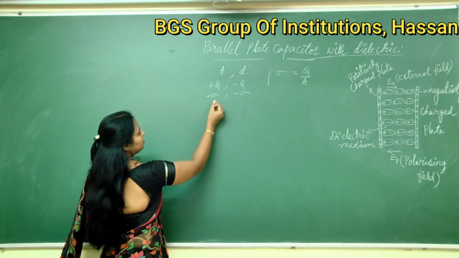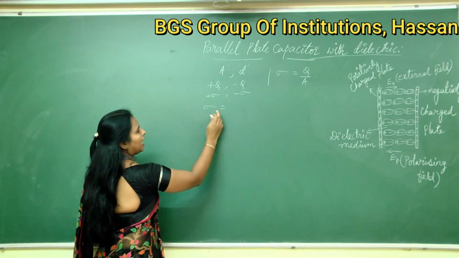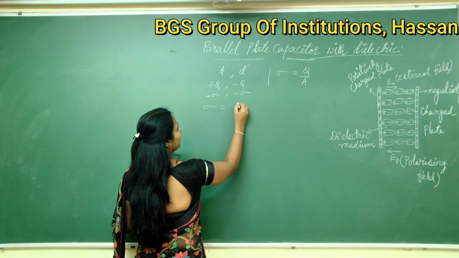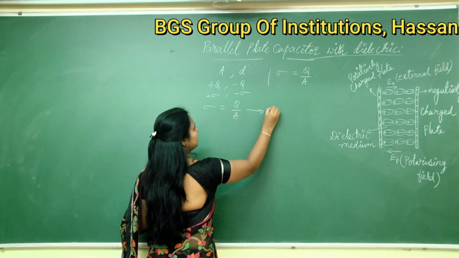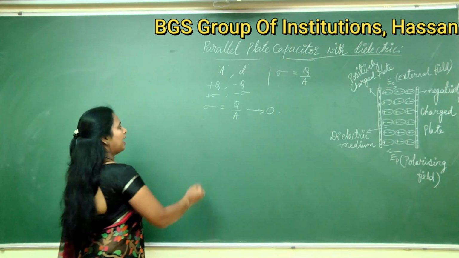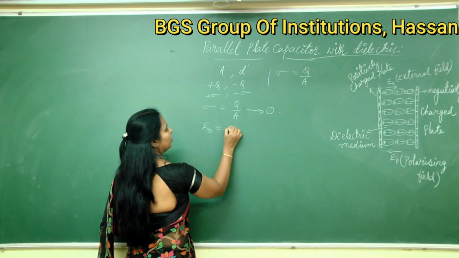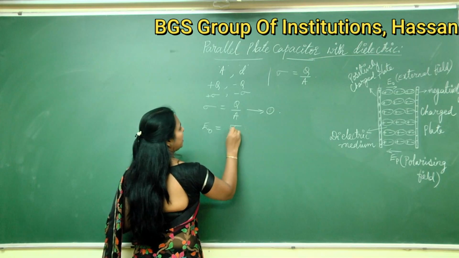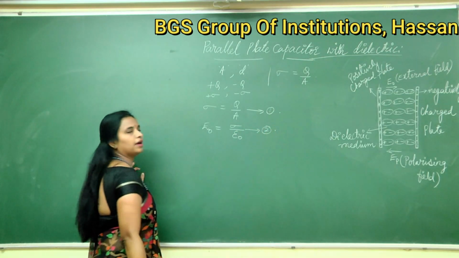So now let us write the surface charge density as sigma is equal to Q by A, and call it as equation number 1, and the respective electric field is taken as E0 is equal to sigma divided by epsilon naught. Call it as equation number 2.